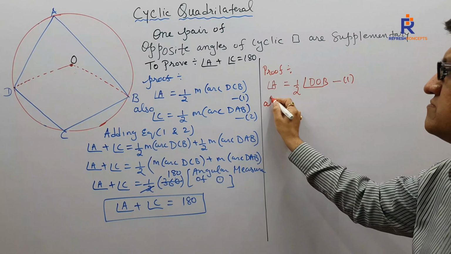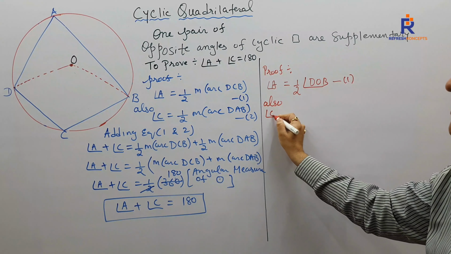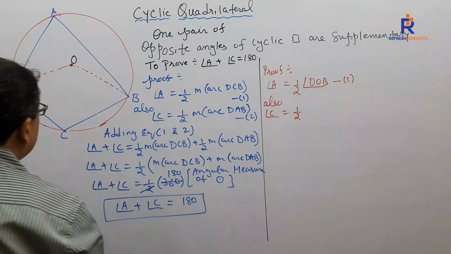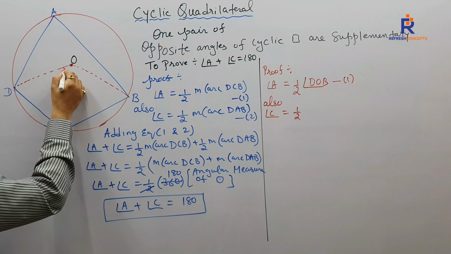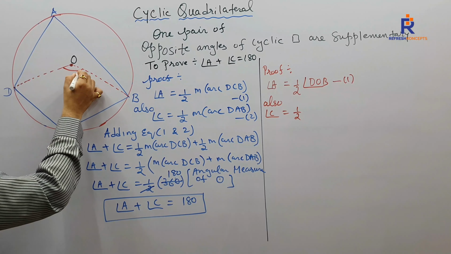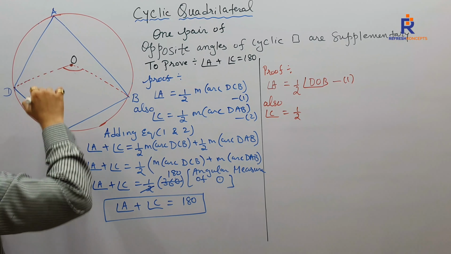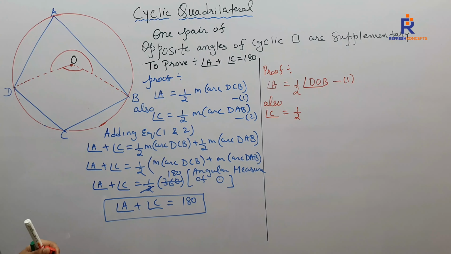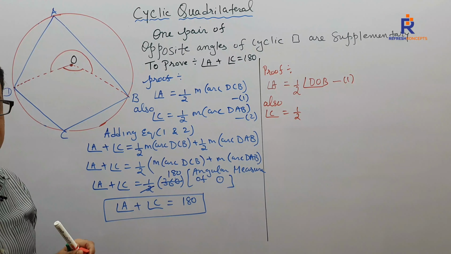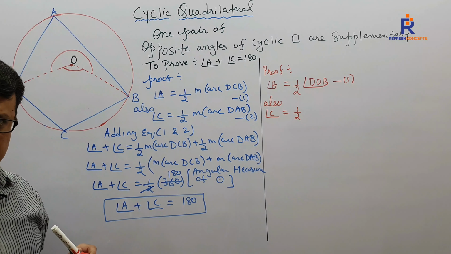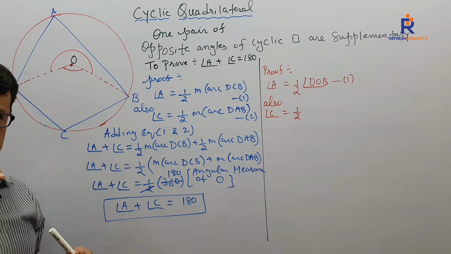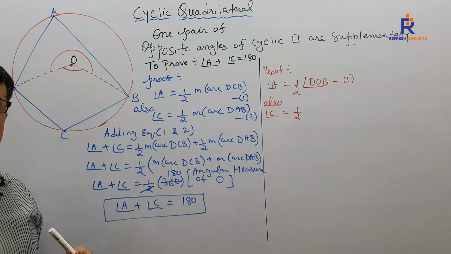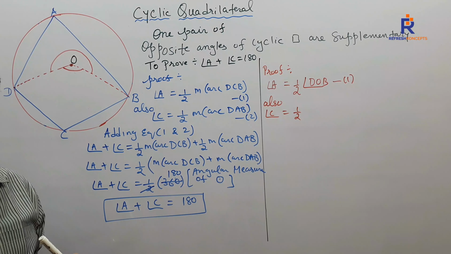Likewise, what is angle C then? Angle C is half of... Now, if this is angle DOB, then this is also an angle at O, but it is not termed angle DOB, it is termed reflex angle DOB. In a circle at the center, if you have only two angles, one angle and the other are reflexes of each other.